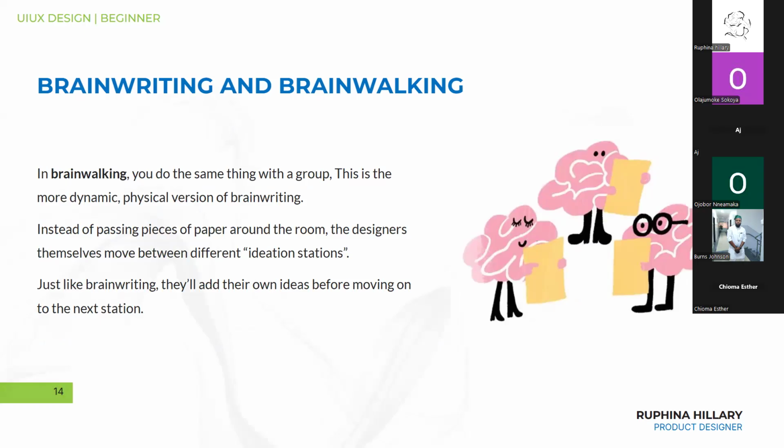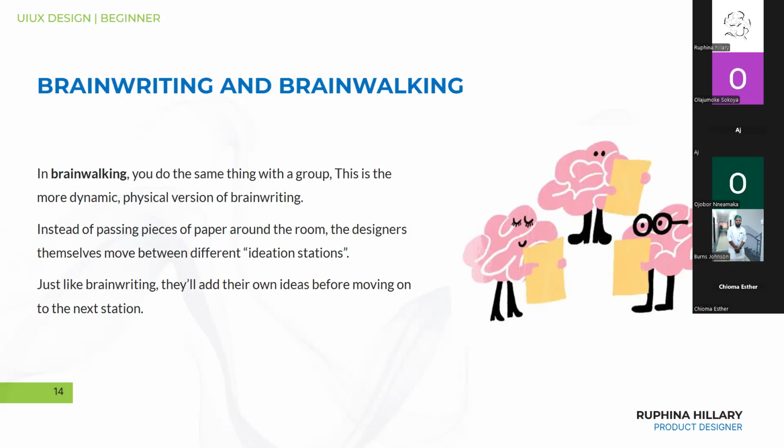Depending on what your team members would want to engage in, or what you yourself as a lone wolf or a freelancer decide to do, you can choose which method you're going to use. In brainwalking, how we do it is that you create different stations.